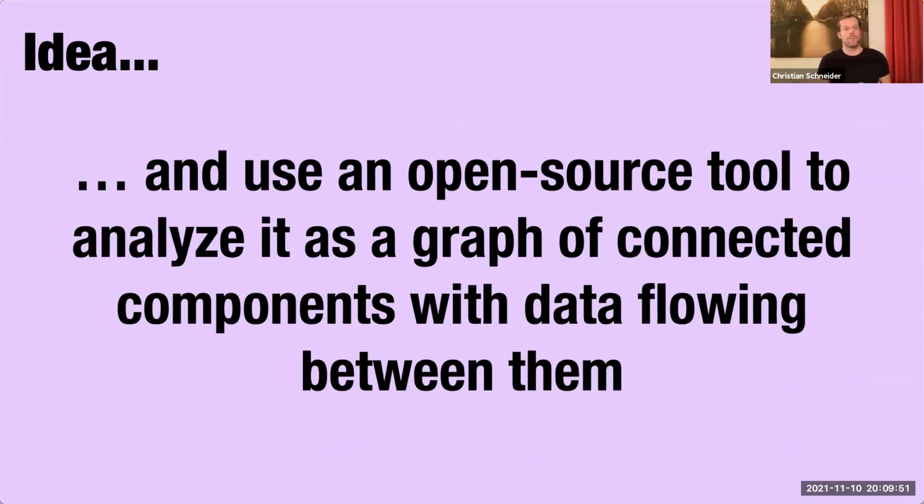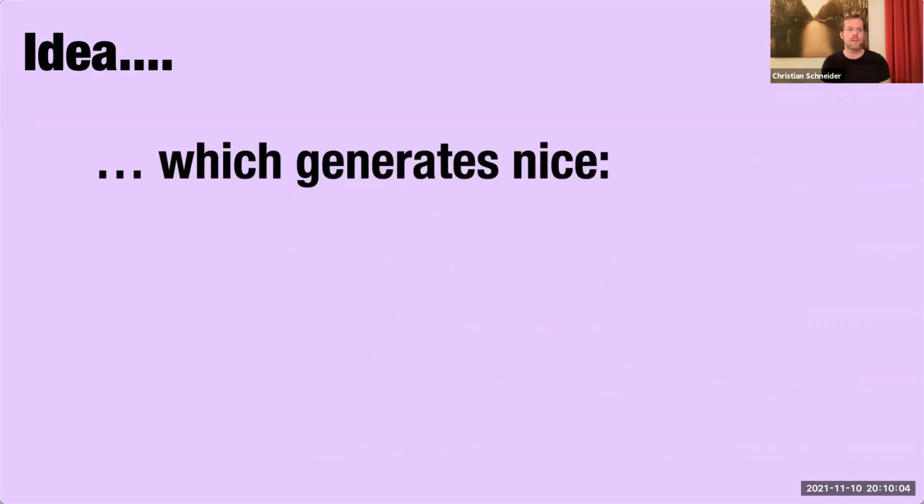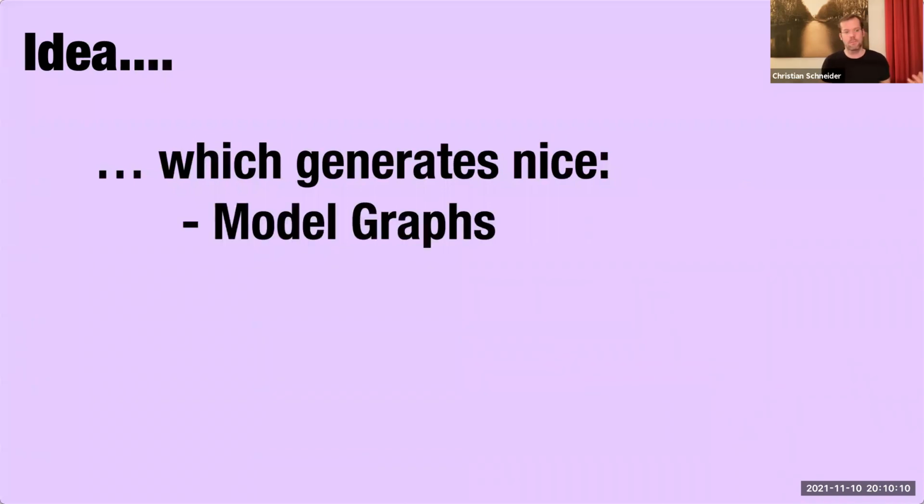Then the idea was to use an open source tool to analyze that kind of YAML file as a graph of connected components with data flowing between them. And I did some search on that, and was not 100% satisfied with the candidates that I found, but then I thought, okay, there must be something that we should create that generates out of this model file the nice model graphs.